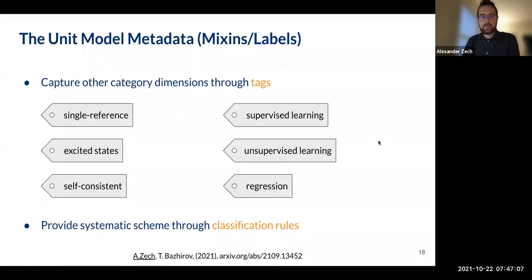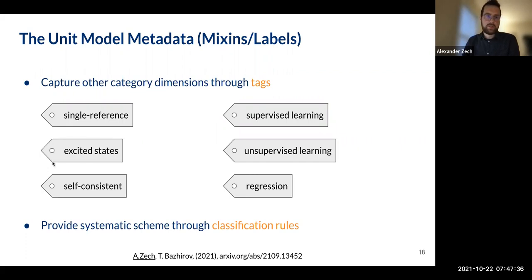So apart from the categorization, so the 3 tiers and type and subtype, we also include tags in the unit model data structure. So this allows us to capture other dimensions of categorization. So for example, we could categorize a method, a model as a single reference model or multi-reference model. And by using tags, we can capture these dimensions.